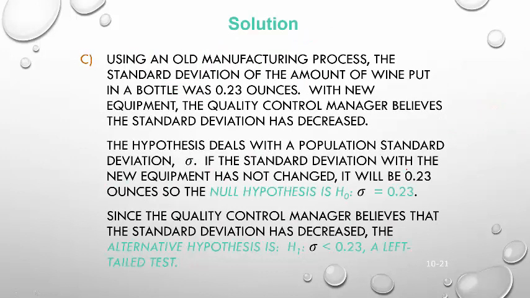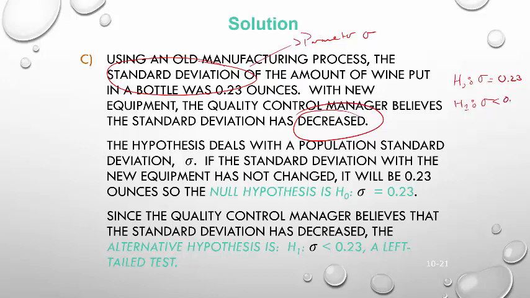Now let's do the last one. Now we're talking about the standard deviation. So my parameter here is sigma, and the keyword is that it's decreased. So it's going to be sigma is equal to something, and the alternative, because it's decreased, is sigma is less than something. We knew what it was with the old manufacturing process, so we'll start with the null hypothesis that there is no change.